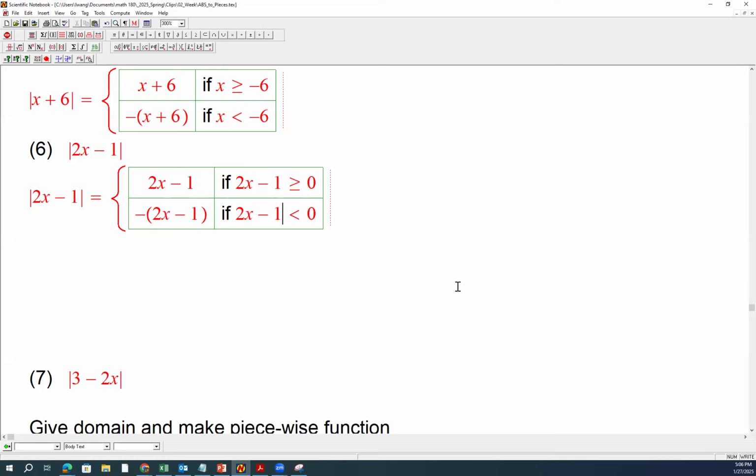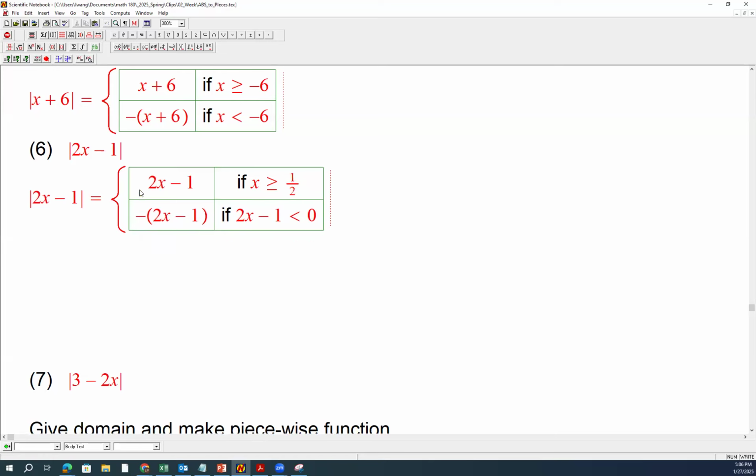As I'm doing this and solving this inequality, you would need to add 1 and divide by 2. So now you're going to have x greater than or equal to half. And this other one would be x less than half.